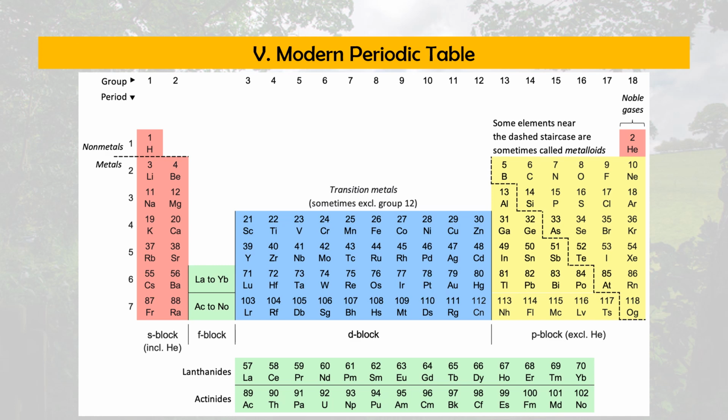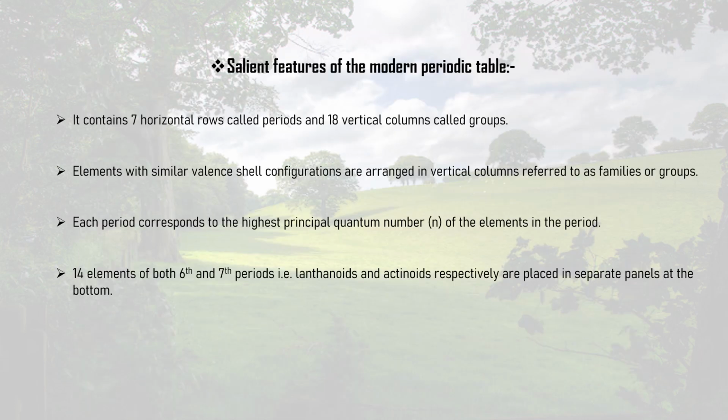In this periodic table, there are some salient features, like it contains 7 horizontal rows called periods and 18 vertical columns called groups, and the elements with similar valence shell configuration are arranged in vertical columns referred to as families or groups, like lithium, sodium, potassium, rubidium, cesium, and francium are placed in the first group because they have only one electron in their last shell.